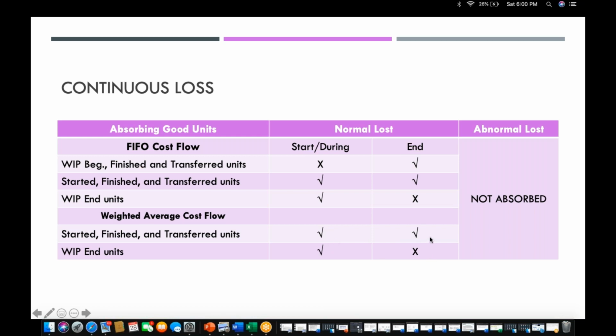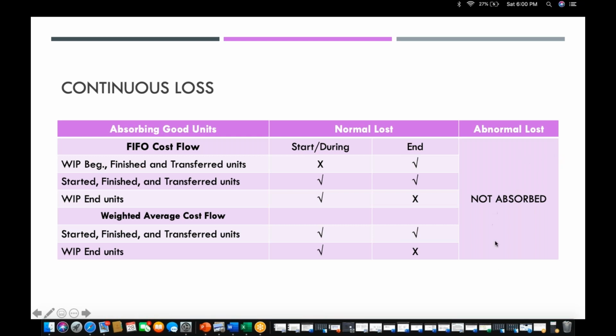So when the inspection point is at the end, the started, finished, and transferred, including the beginning, absorb the cost of the normal loss.